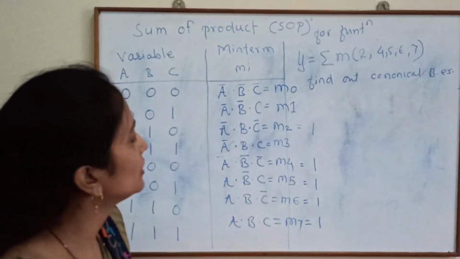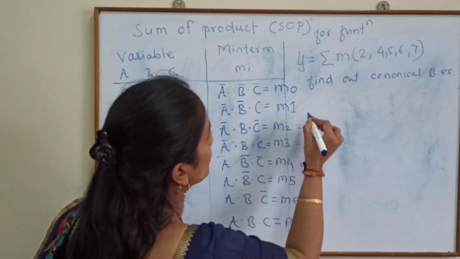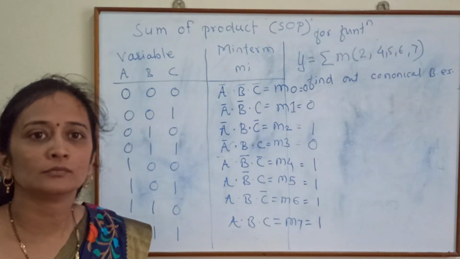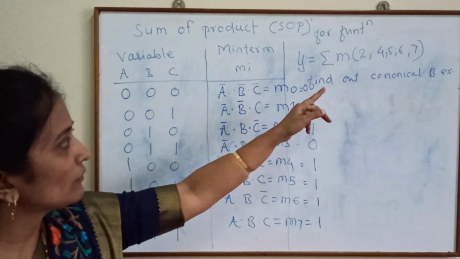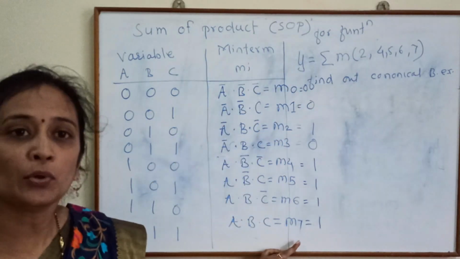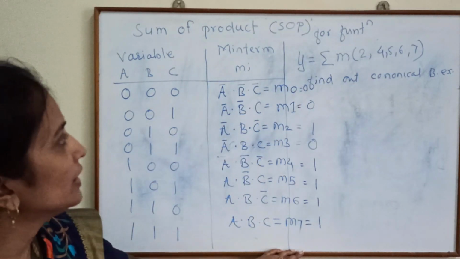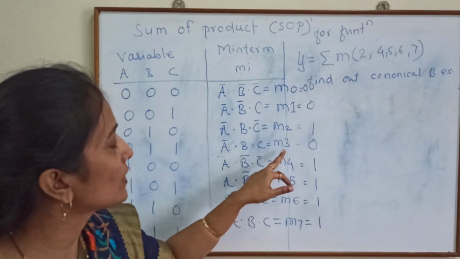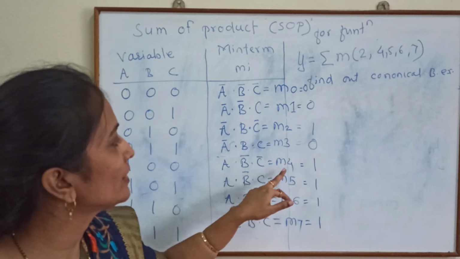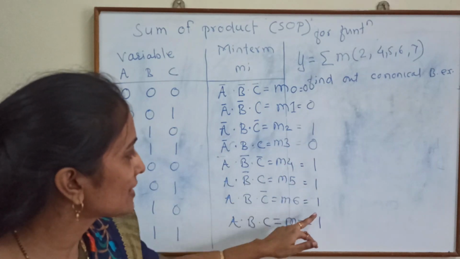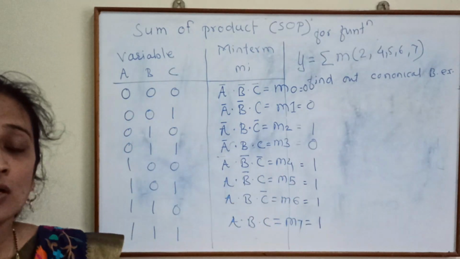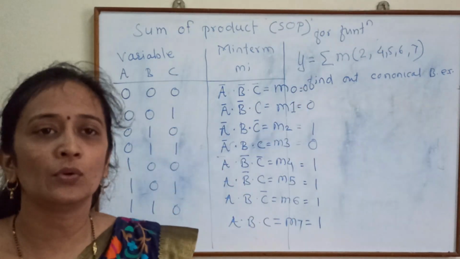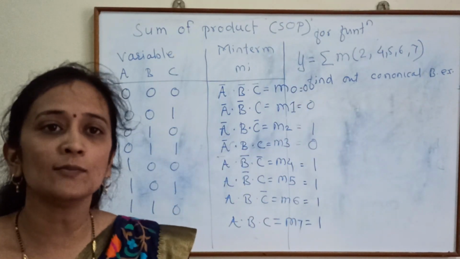And the remaining terms will be 0. Depending on the given values, the output will be like this for any truth table. M0 is 0, M1 is 0, M2 is 1, M3 is 0, M4 is 1, M5 is 1, M6 is 1, M7 is 1.